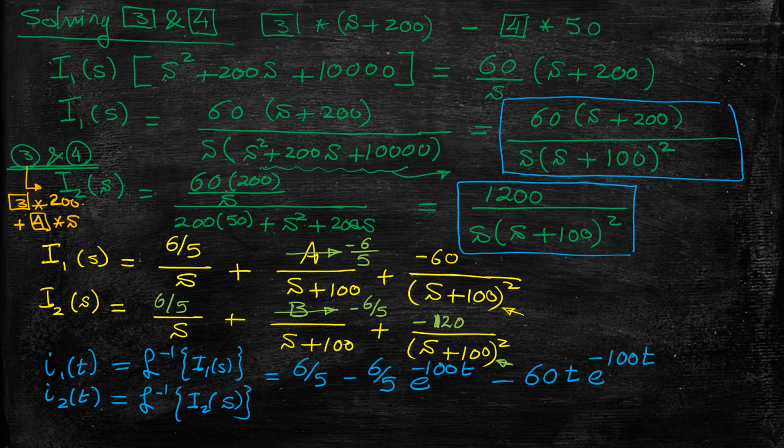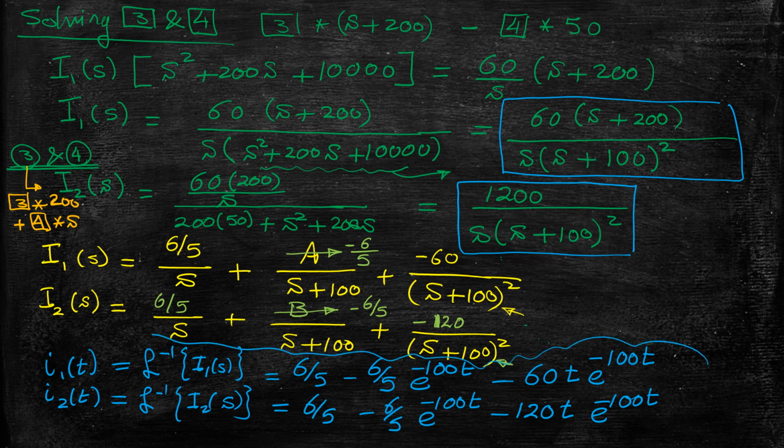And the last part, I2, will be 6 over 5 minus 6 over 5 e power minus 100t, and then minus 120 t e power minus 100t. So these are the values for the currents I1 and I2.